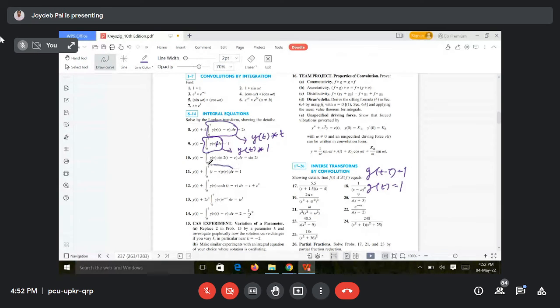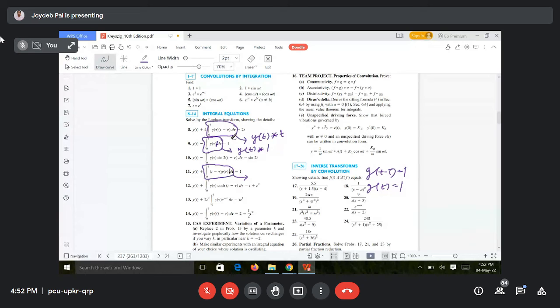Now tell me this. You can swap the position to make it the original form f tau g of t minus tau. So this, number 11, will be the same as number 8, right?